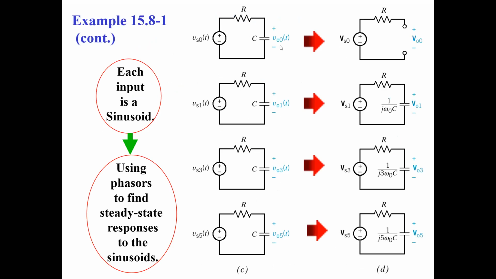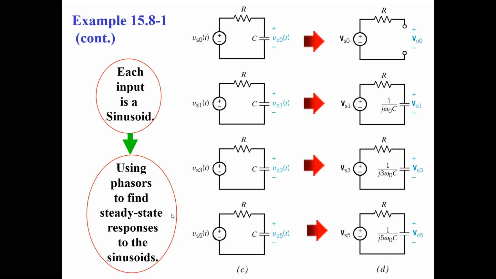So Vs 0, Vs 1 by j omega naught C, Vs 3, 1, 3, 5, this one, Vs 5, this one like this.